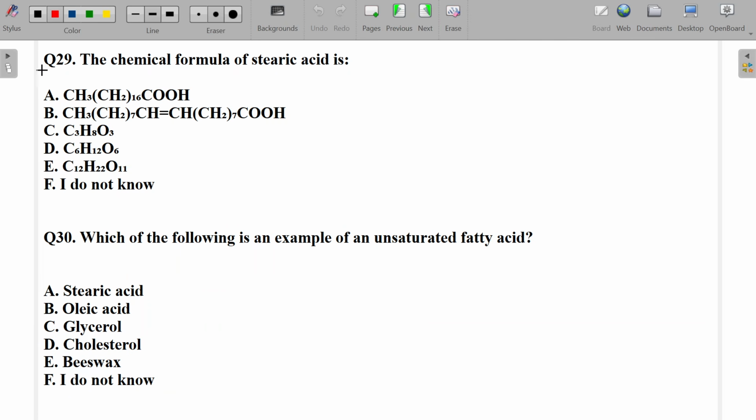Question 29. The chemical formula of stearic acid is A, CH3 (CH2)16 COOH. B, CH3 (CH2)7 CH=CH (CH2)7 COOH. C, C3 H8 O3. D, C6 H12 O6. E, C12 H22 O11. F, I do not know.